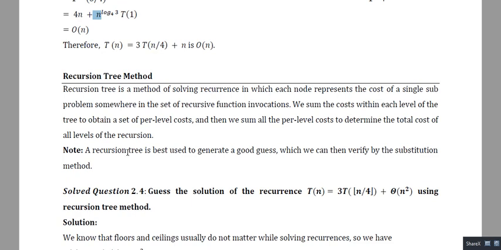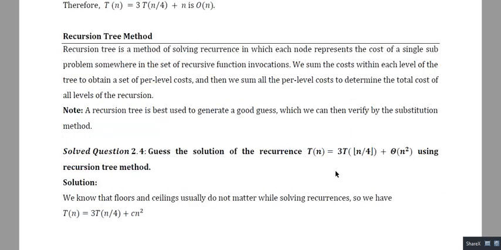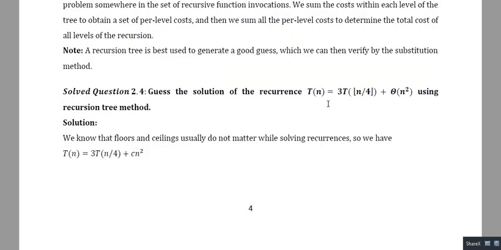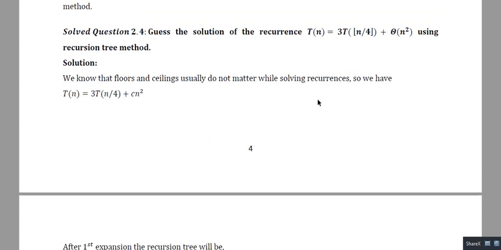So now the next useful method is the recursion tree. Okay. We solve any kind of recurrence using the recursion tree method as follows. What we do here is take the recurrence and try to draw the recursion tree for the given recurrence by continuously expanding the recurrence, like in the iterative method.